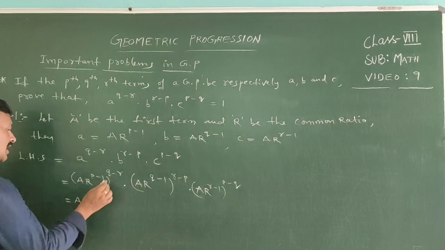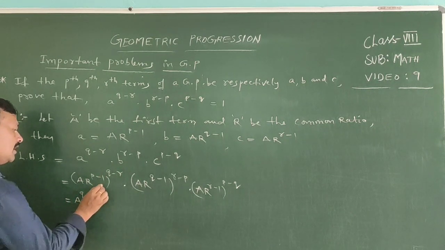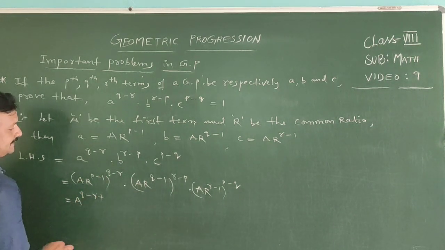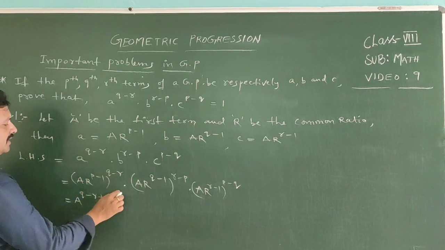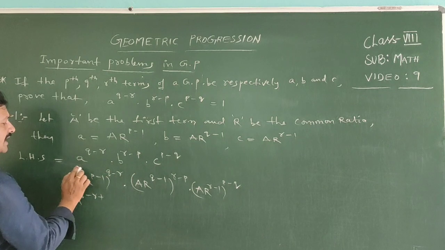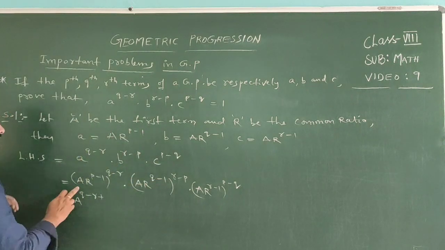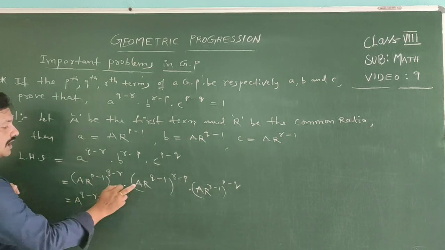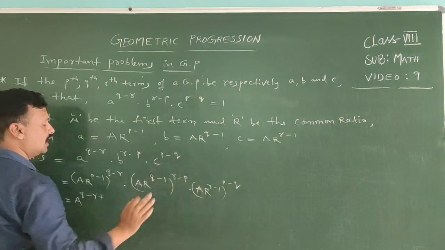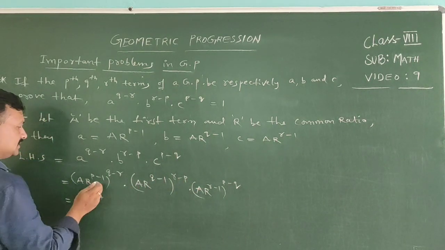Here, by using the first law of exponents, a power x into a power y into a power z equals a power x plus y plus z. Here, this power belongs to A as well as r, here also A and r, here also A and r. That's why I'll write at a stretch.